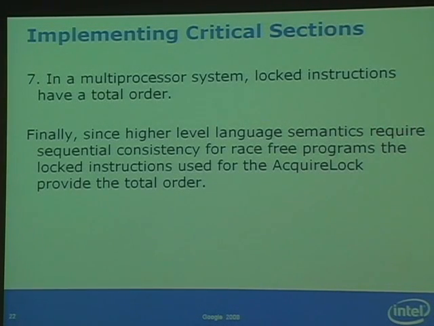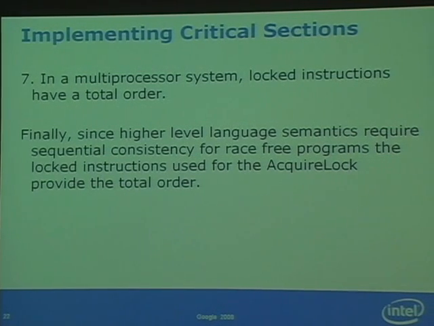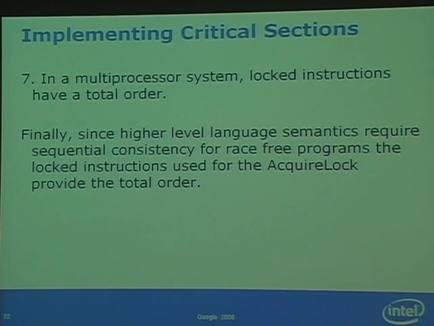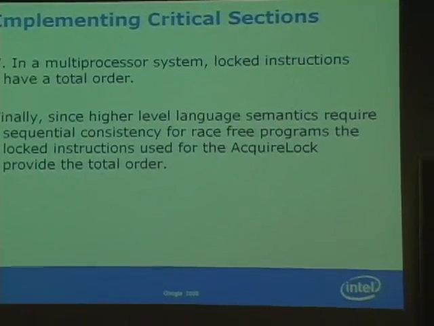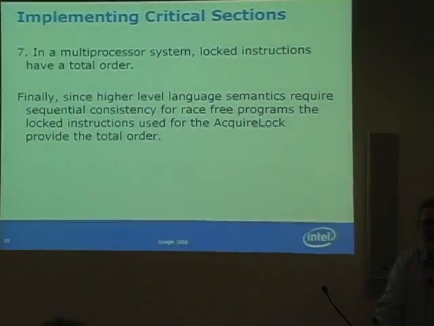So we built a certain type of critical section here. The one final thing that some of these languages require is that these critical sections be sequentially consistent or have a total ordering. And here we use this final principle 7 that says that lock instructions have a total ordering.